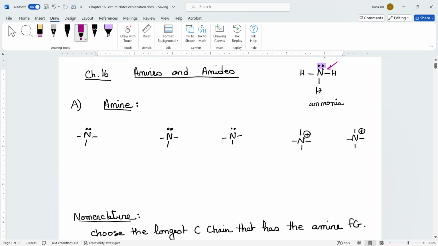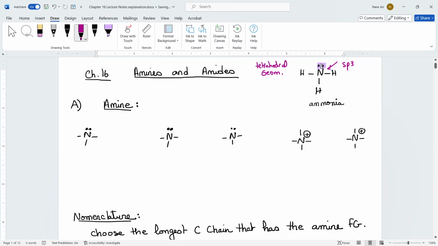Now, these lone pairs are considered to be a group. So if you want to consider the hybridization of this nitrogen, it has 4 groups around it. So the hybridization is going to be sp3 hybridization, which is going to make it a tetrahedral geometry. And with respect to the shape, the shape is always affected by the lone pairs.